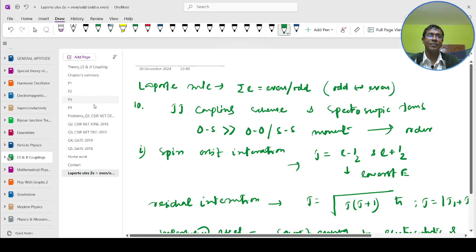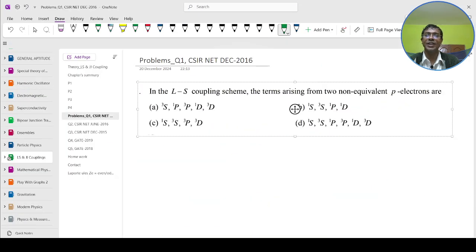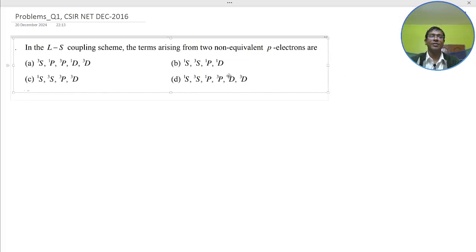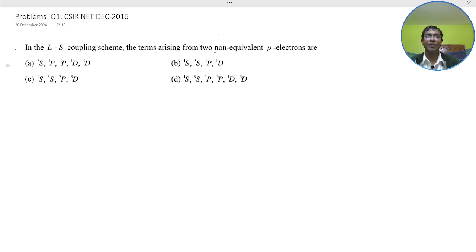So the first problem is from CSIR NET December 2016. It says that in an LS coupling scheme, the terms arising from two non-equivalent p electrons are what?